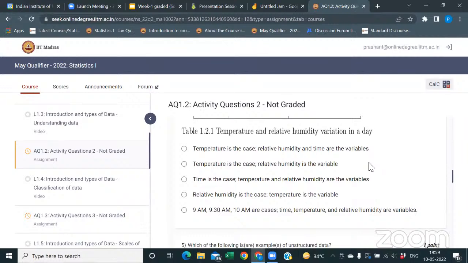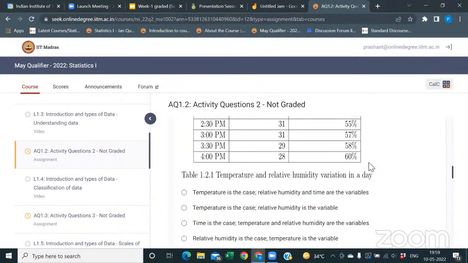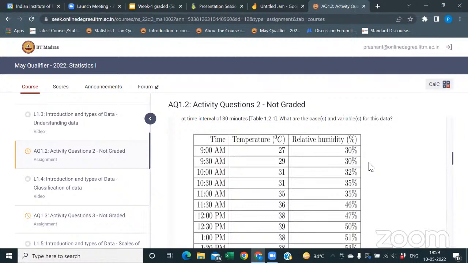Okay, sir. According to me, we are collecting data based on time, right? Like 9 a.m., 9:30, and it is the variable. See, that is the same thing: for each case, it must have its own row. 9 a.m. is unique, and at that 9 a.m. you are collecting the data.